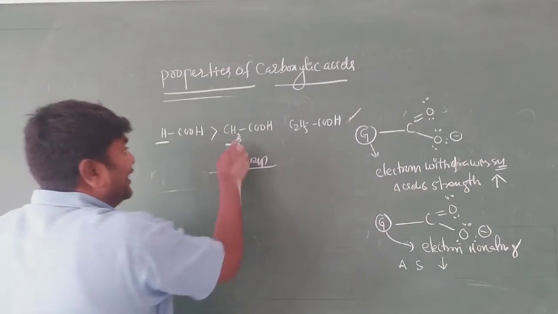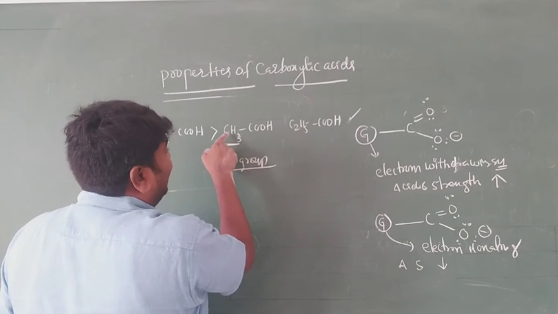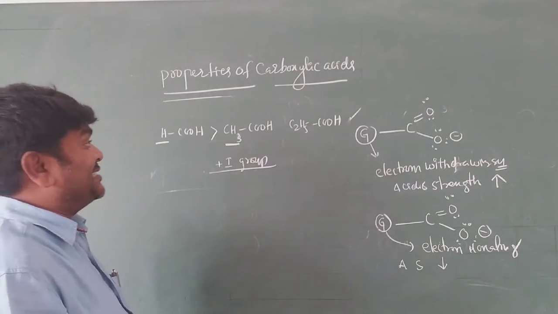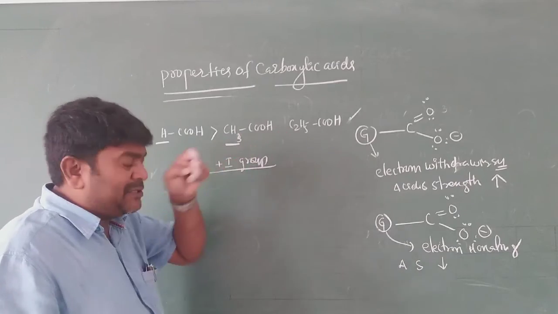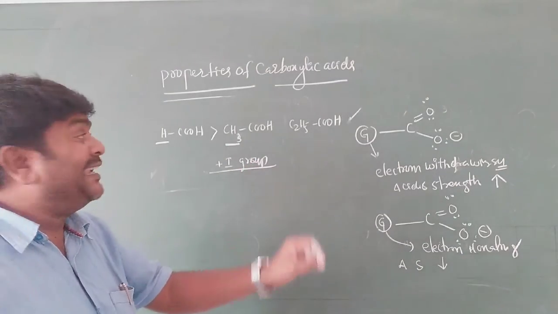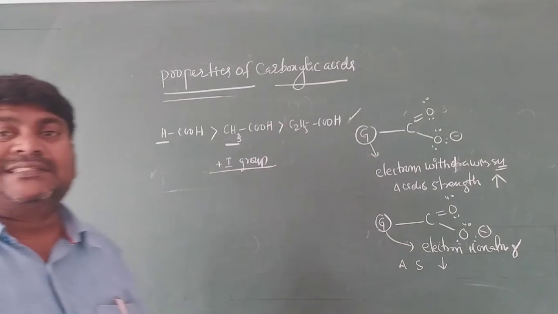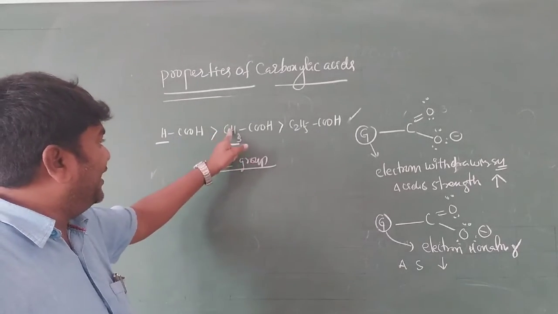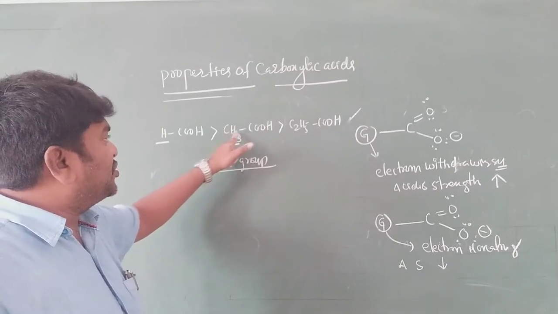Suppose next one, acetic acid and the next acid. Both have electron donating groups. But in this case, as the number of carbon atoms increases, here one carbon, here two carbons, acidic strength decreases. So formic acid is a stronger acid than acetic acid. What is the reason? Here a plus I effect group is there, so it is CH3, C2H5.